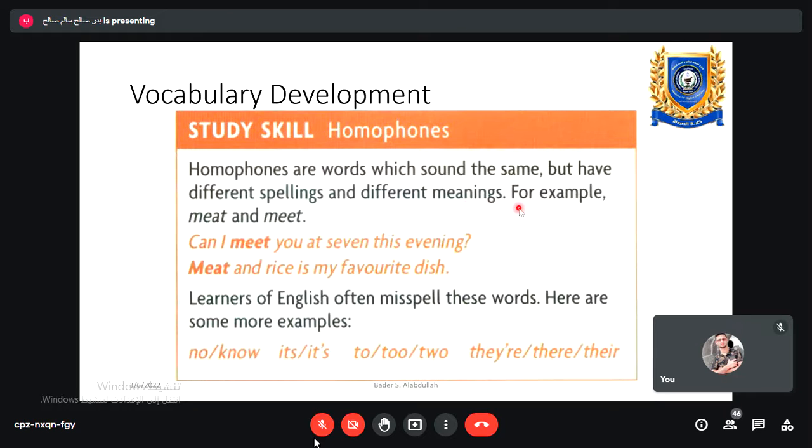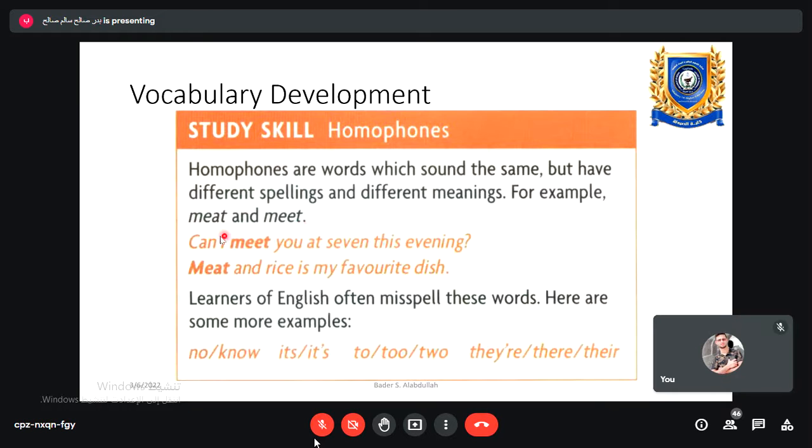For example, meat and meet. As you can see, both words sound the same. This is meat, and this one is also meet, but they have different spelling. M-E-A-T, this one is M-E-E-T, and also they have different meanings.